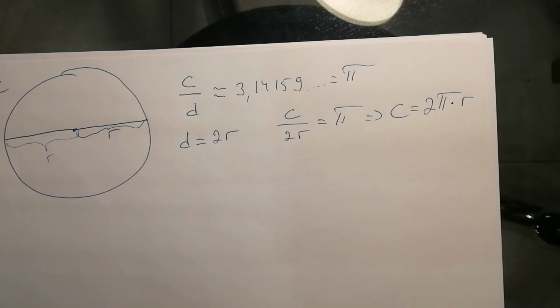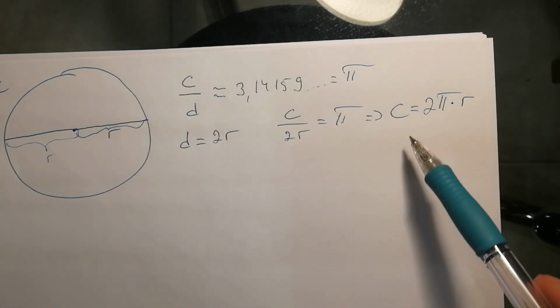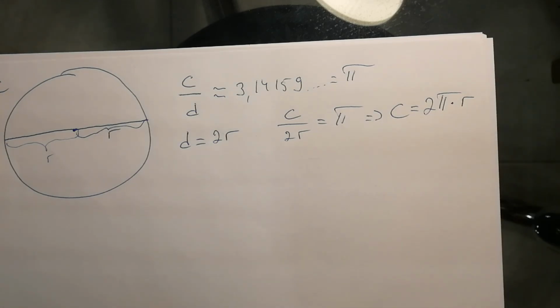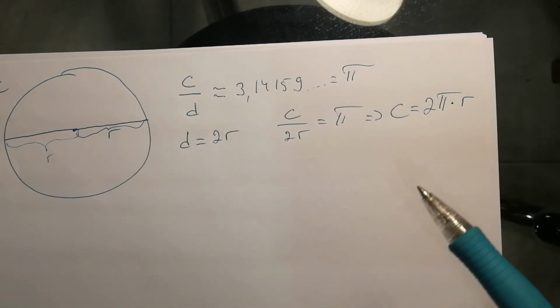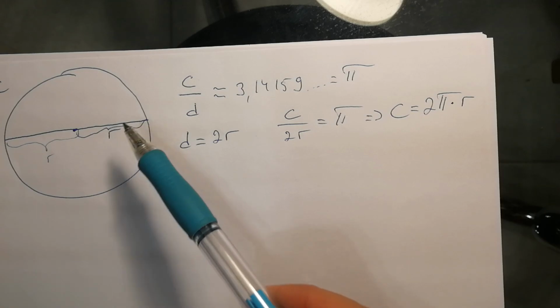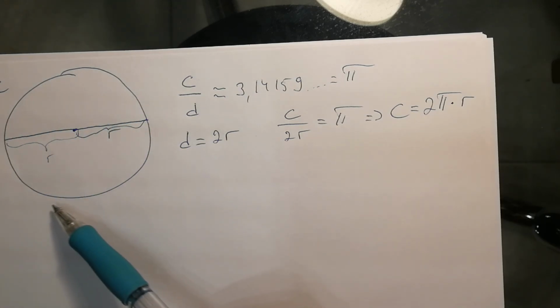Thus, we can quickly calculate the circumference of the circle knowing its radius, since it is much easier to measure the length of the radius compared to measuring the length of the circumference.